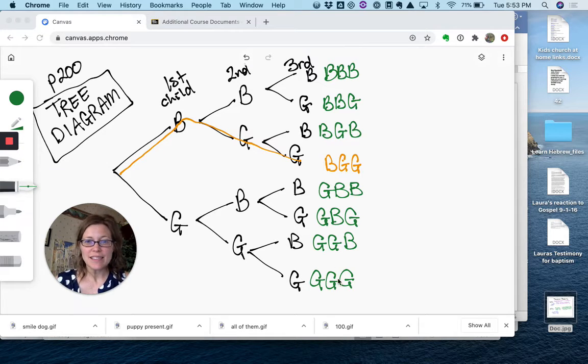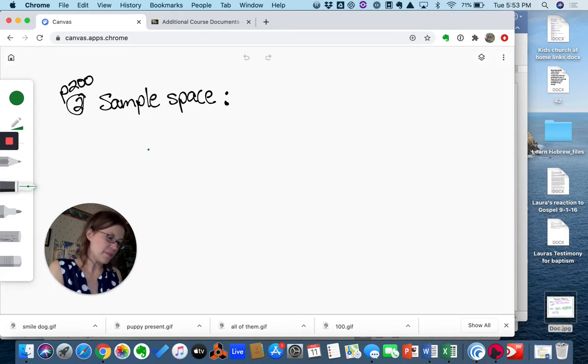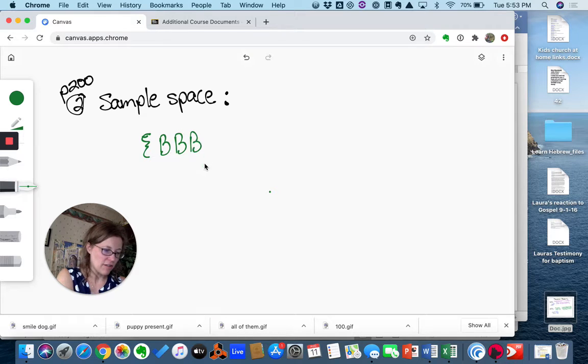So this list of all possible outcomes actually is the sample space. On question number 2, they want you to write what the sample space is. So you can write that with our set notation. So we just list all of them. Remember, with the sample space, it doesn't matter what order you write them, just as long as you get them all in there and you don't repeat anything.